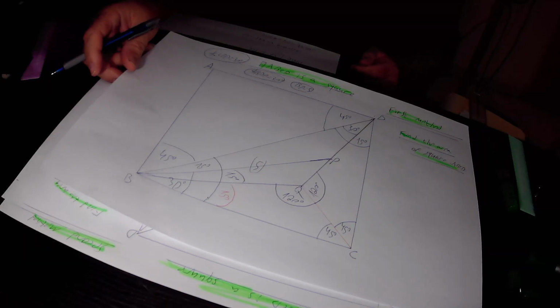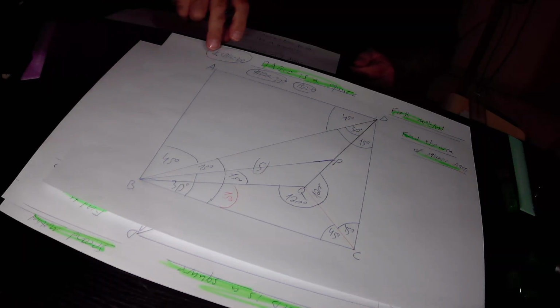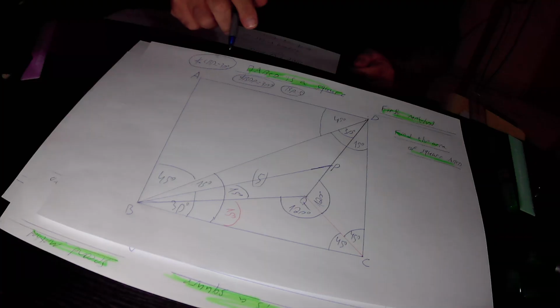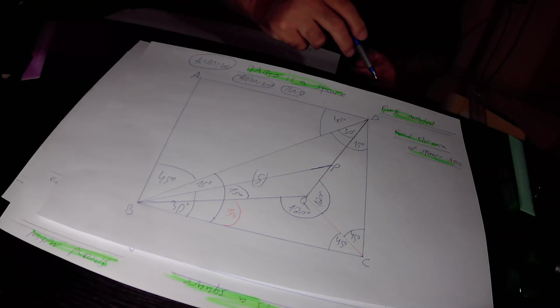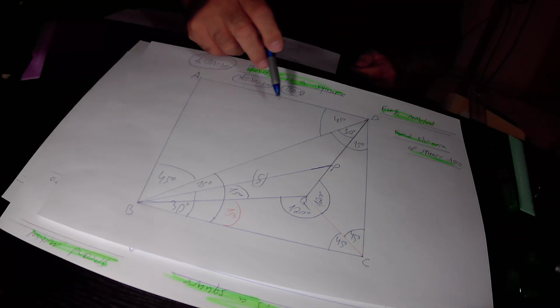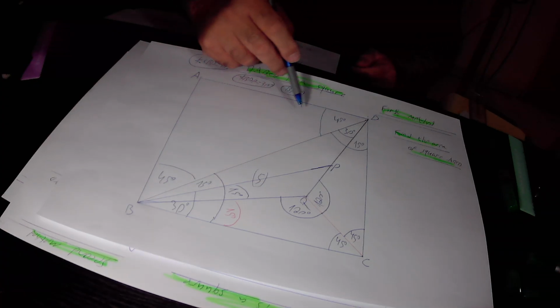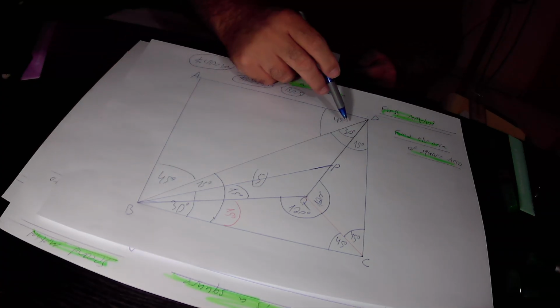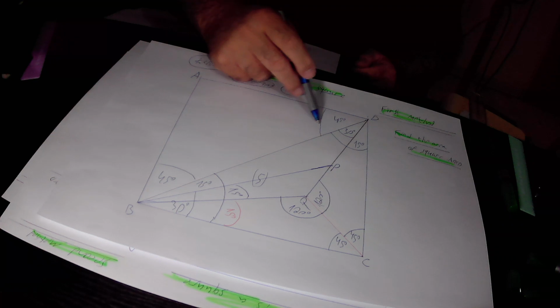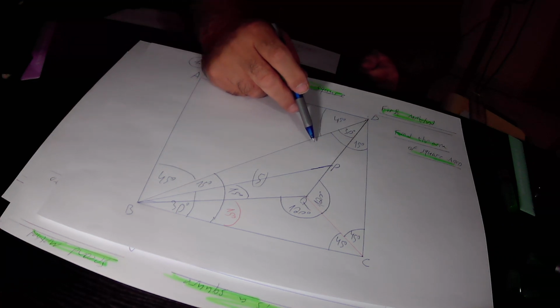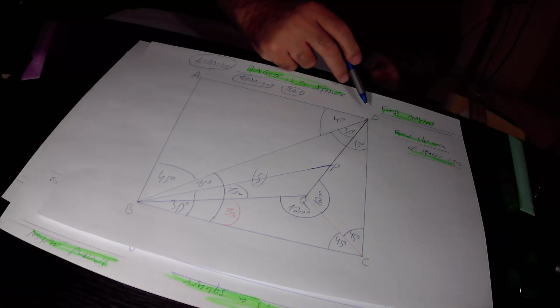In the next step, we'll focus on this triangle DBP. I'll copy this triangle DBP in a new page, and we'll implement Rule 8 in this triangle DBP.